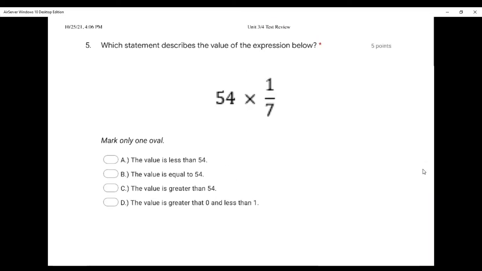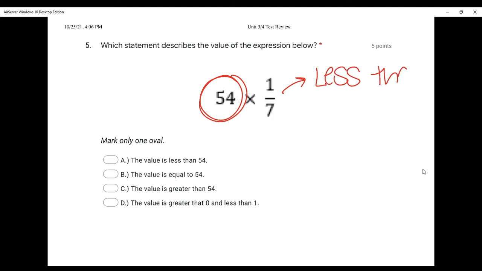Okay, number 5. Which statement describes the value of the expression? So again, I'm starting with 54, and I'm multiplying by something that is less than 1. It's a regular old fraction, less than 1. So I know that 54 is going to get smaller. So the value's got to be smaller than 54, which is what A says. So it looks like it could be right.